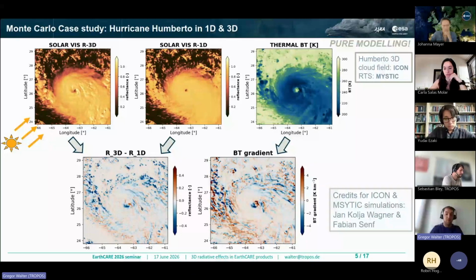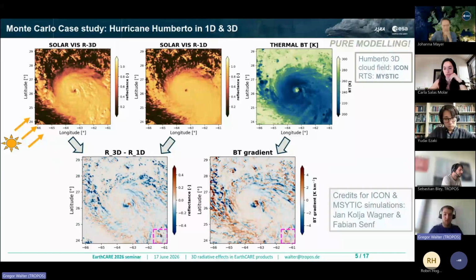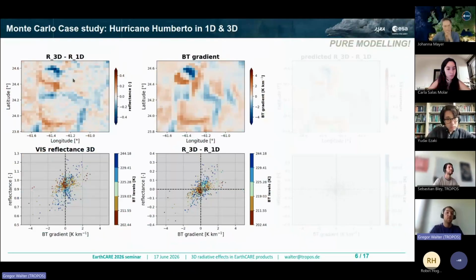We now have a closer look at this section on the bottom right to investigate further and look more into the details. Here we have again the 3D minus the 1D and the brightness temperature gradient. And we see also a slight limitation of the Monte Carlo.